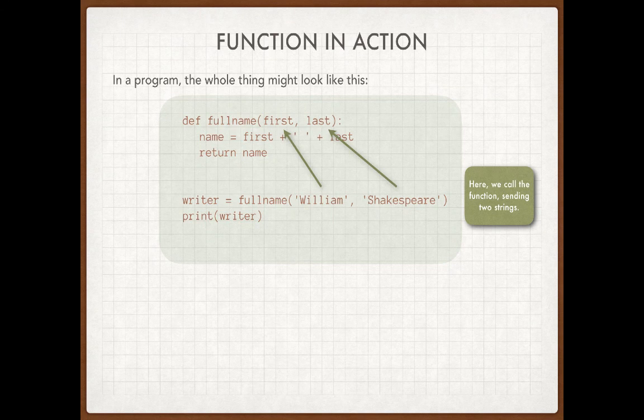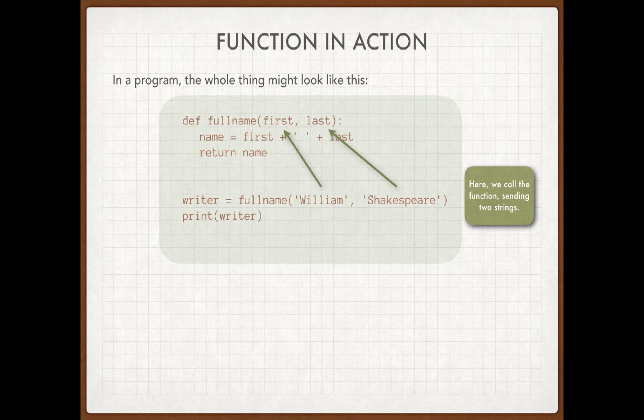And then when I send it data, the data goes into those variables in the same order that I have listed them. So I am listing William as the first string, so that goes into the first variable listed, which of course is called first. Shakespeare is the second string, and so that goes into the second variable, which here is called last.